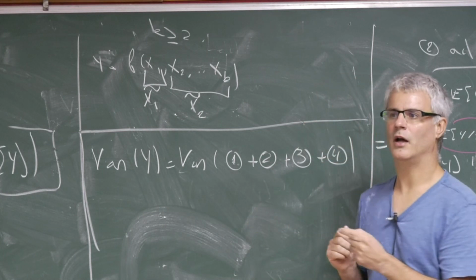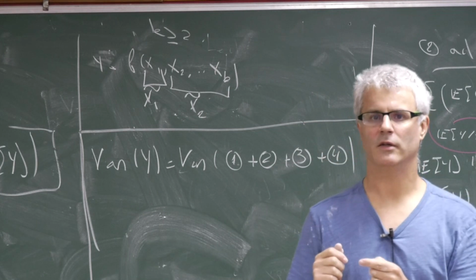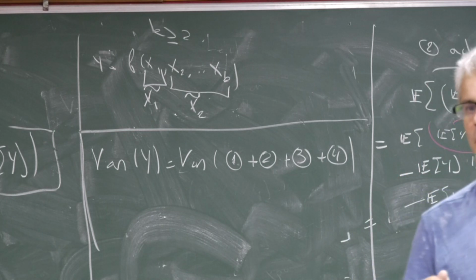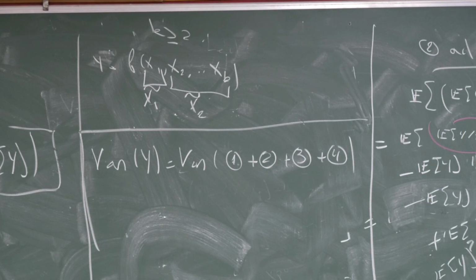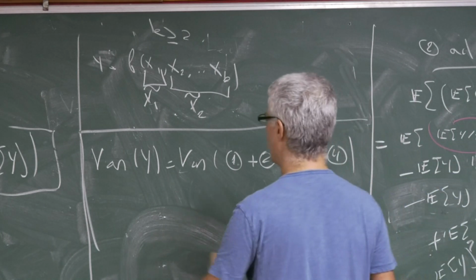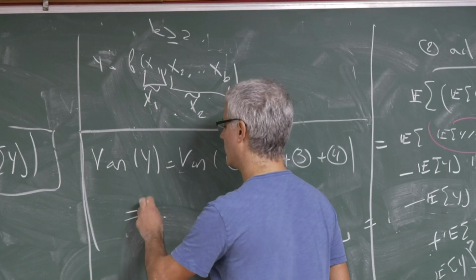But they are orthogonal in L2, so we know that if random variables are orthogonal, the variance of the sum is the sum of the variances, okay? So that would just be the variance of 1, by orthogonality.